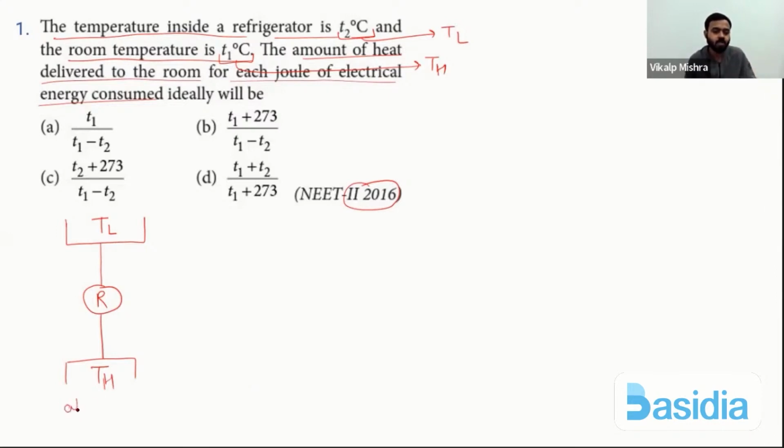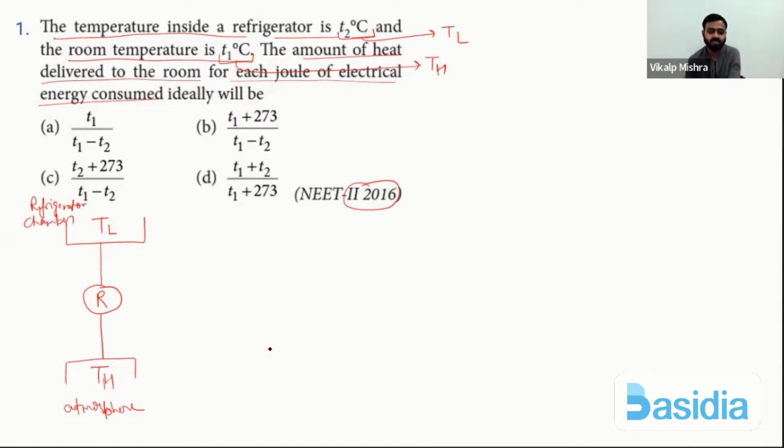Atmosphere is the higher temperature, because in practical life, behind the refrigerator you will feel some heat, because the refrigerator rejects some heat to the atmosphere, and that heat you can feel behind the refrigerator. So this TH is the atmosphere and TL is our refrigerator chamber.